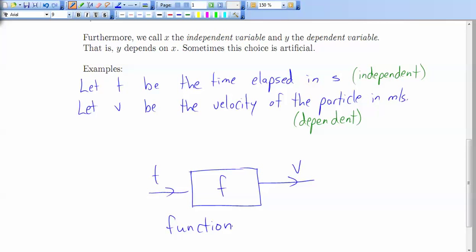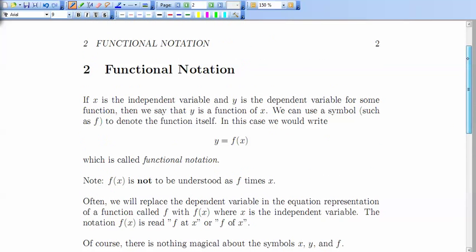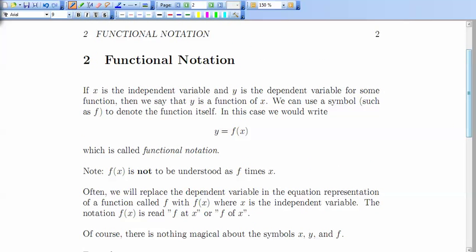Now that's the definition, but of course we like to use functions in an algebraic context. So we have some notation to describe functions. So if y is our dependent variable and x is our independent variable and f is the name for the function, then we would write down this expression here. We've got our function whose name is f. It's kind of like a black box. It takes in inputs x and produces outputs y. Okay?